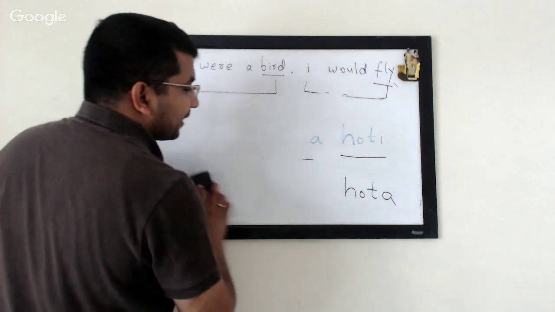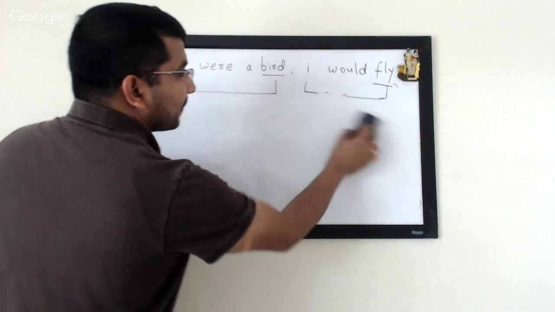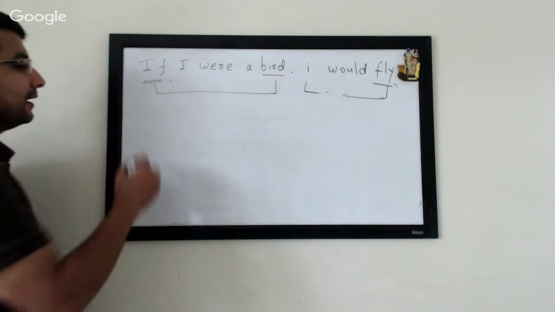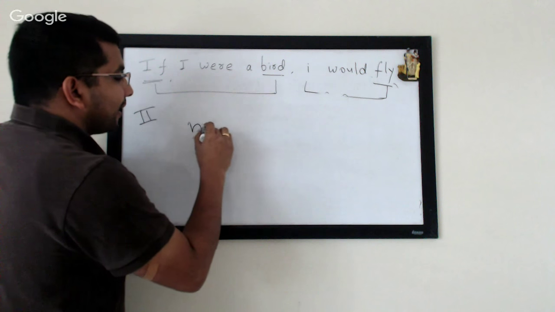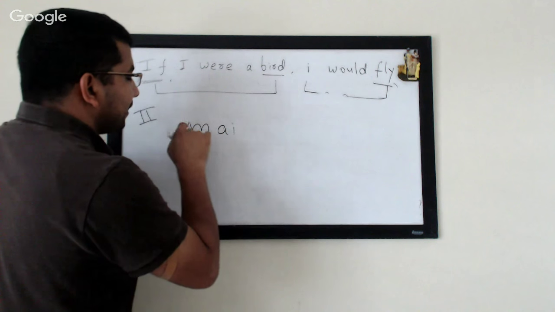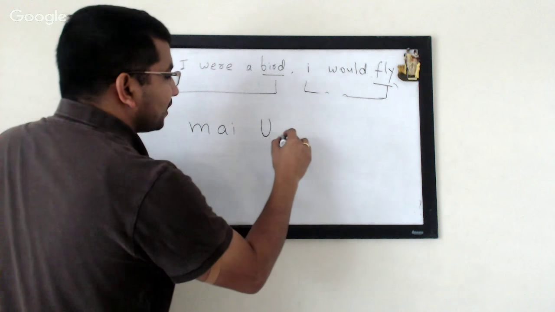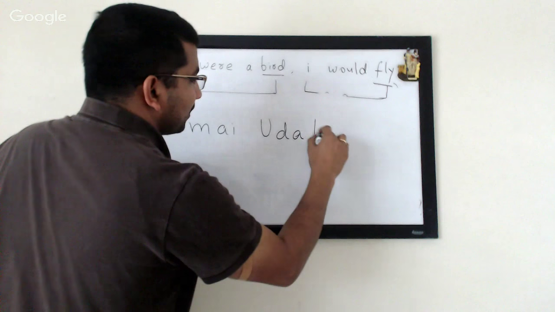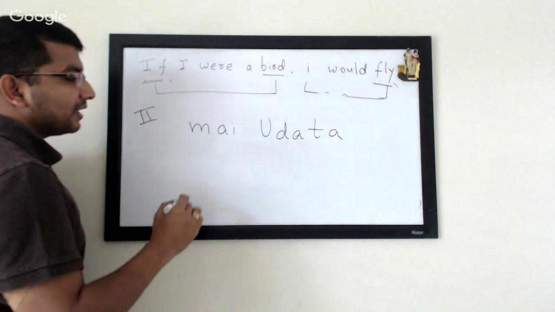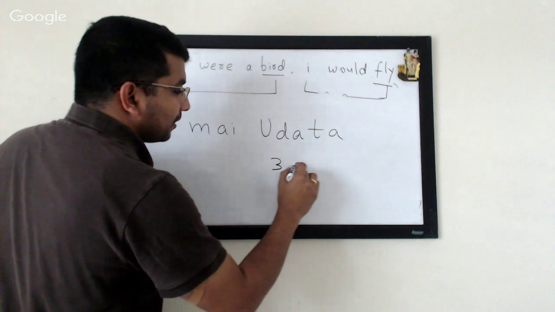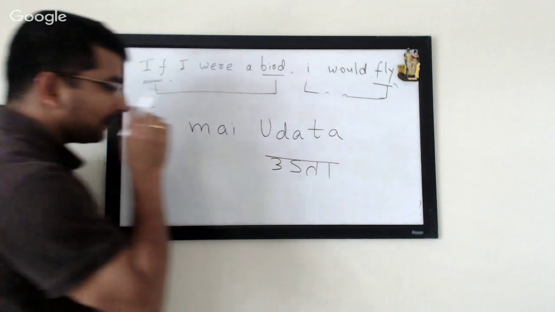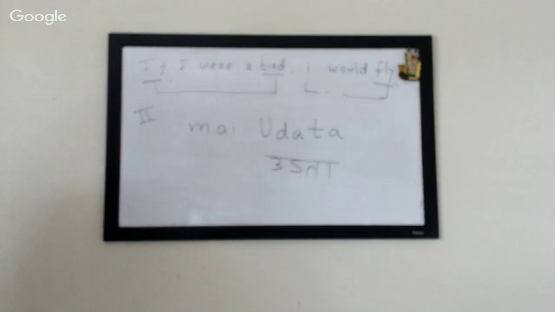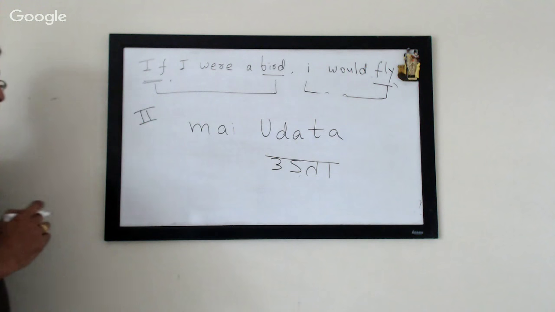I would fly. How do you write the second sentence? I would fly would be मैं, in this case मैं उड़ता. I would fly.